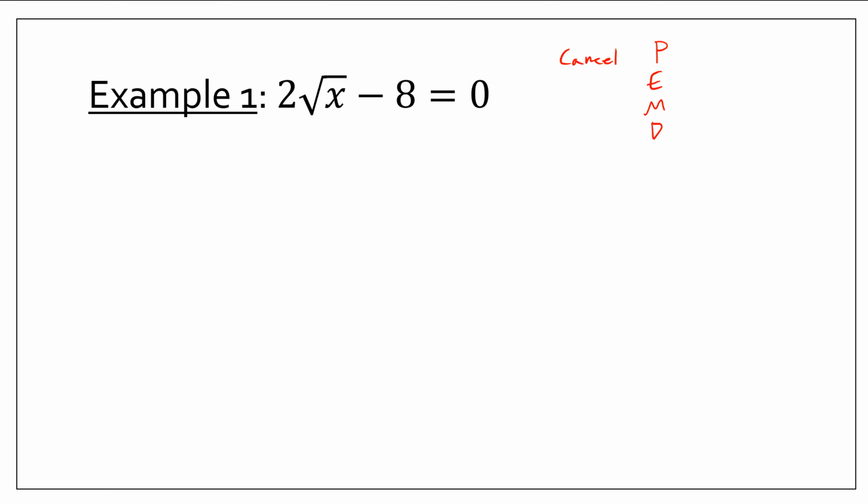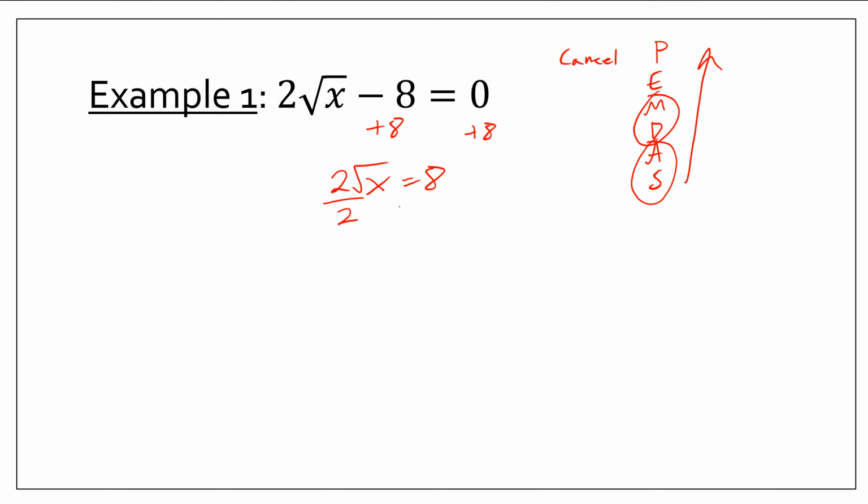And remember that when we're canceling, we try to work in reverse PEMDAS because we're going backwards. So since addition and subtraction are at the bottom, let's cancel this first in my quest to get x by itself. Next, multiplication and division. We must divide by 2 in my quest to get x by itself.